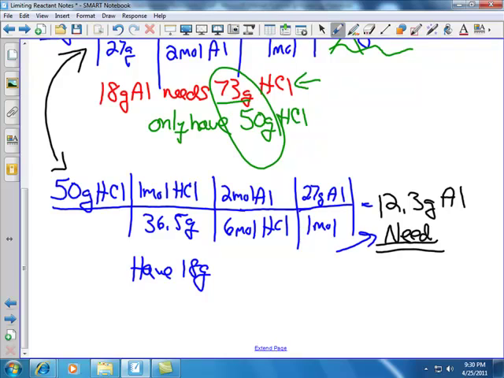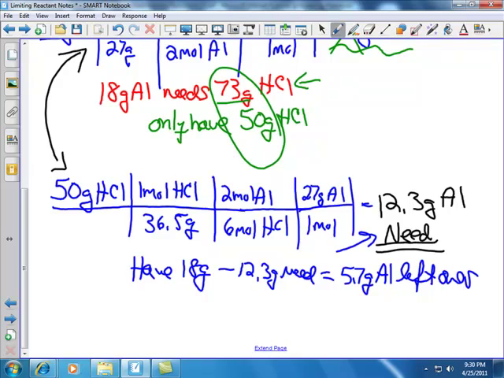So again, now if you would have chosen correctly, you can see that aluminum is excess. How much excess? Well, I'm going to take the 18 grams that I have minus the 12.3 grams that I actually need, and that will tell me I have 5.7 grams of aluminum left over.